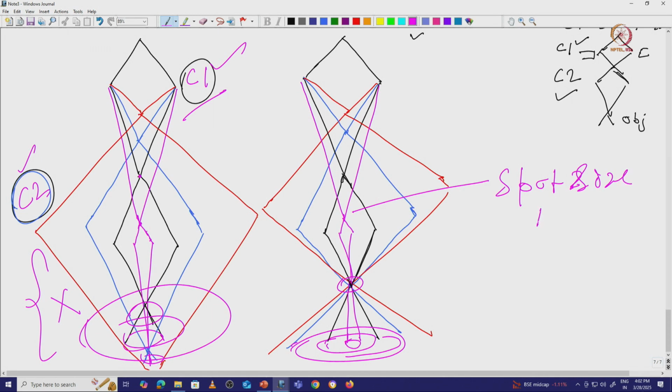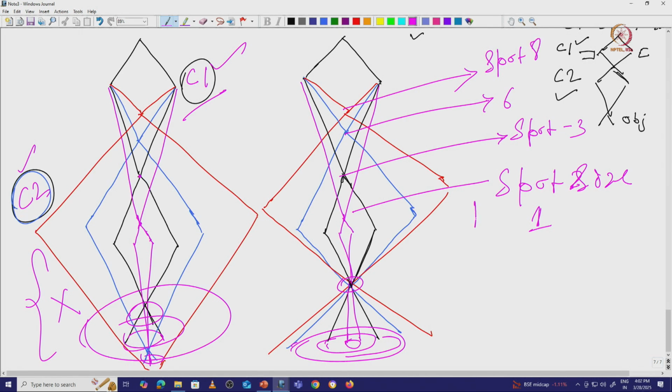You can consider it as 1. This black one, you can consider the spot size is 3. This one you can consider is 6, and this one you can consider that the spot size is 8 or 9.